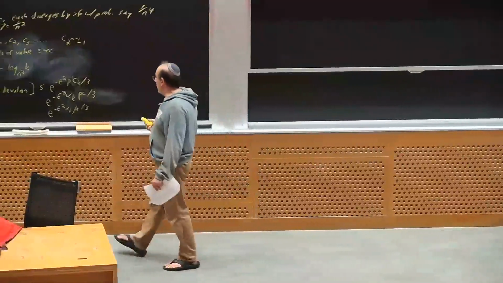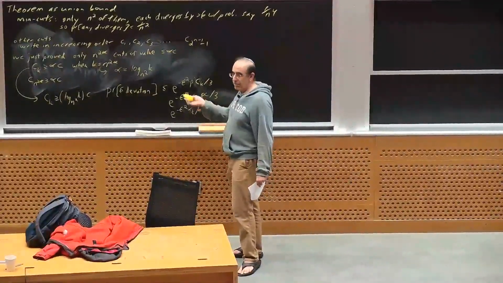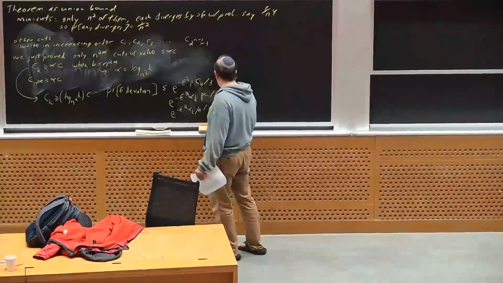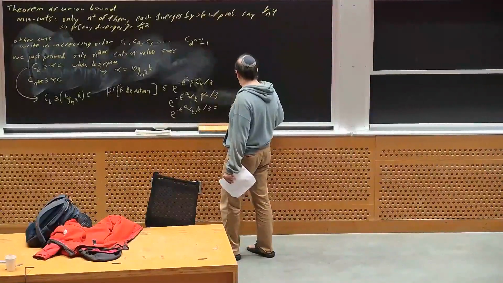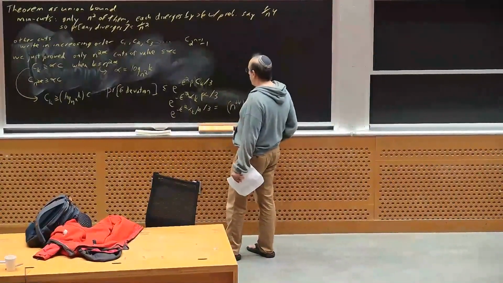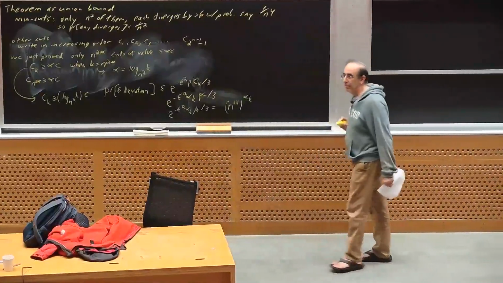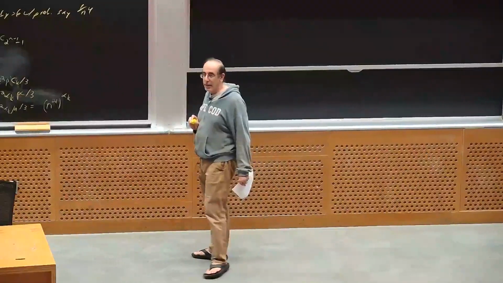But remember that we set mu so that e to the minus epsilon squared mu over 3 was like 1 over a polynomial, right? So this is just equal to, let's say, n to the minus 4 raised to the alpha k power. Yes?